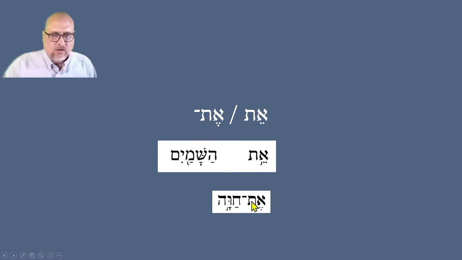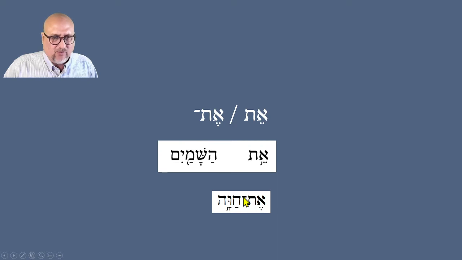Here's when it does have the makaf. This is from the sentence, I think, Adam knew his wife Eve. So is it just any Eve, or is it the Eve he's married to? It's the Eve he's married to. And so it's definite. It doesn't have the word "the," but it's not any Eve, it's the Eve.